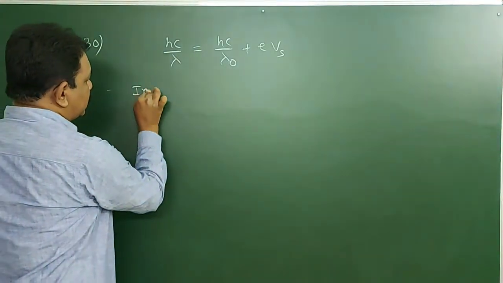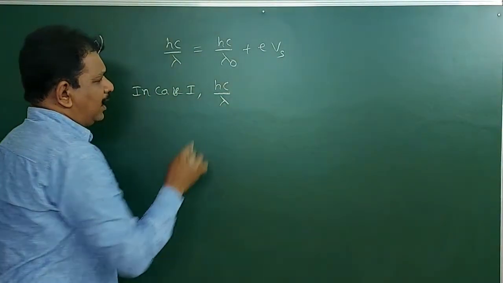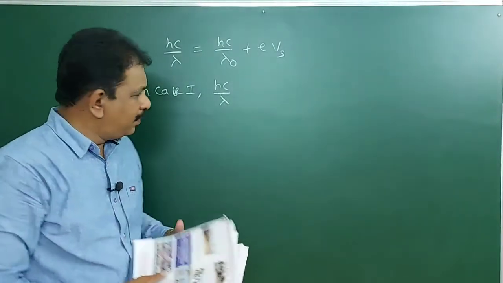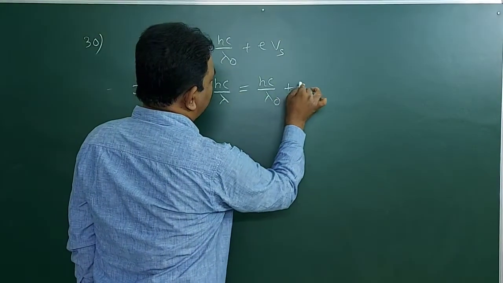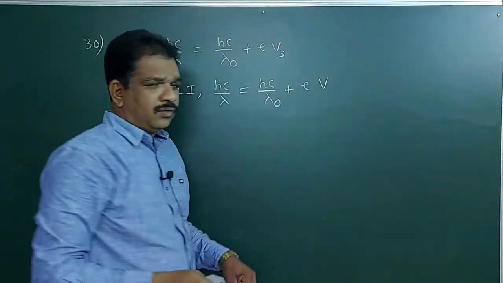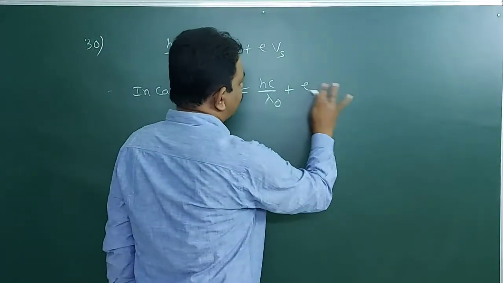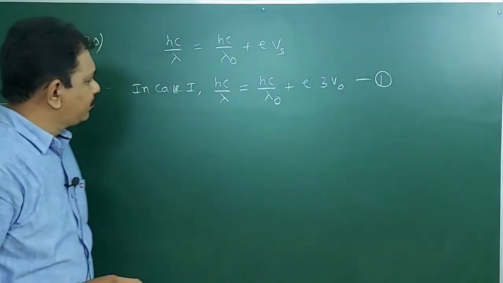In case 1, hc by lambda, the incident wavelength, equals hc by lambda naught plus e into the stopping potential, which they gave as 3V0. Let it be equation 1.